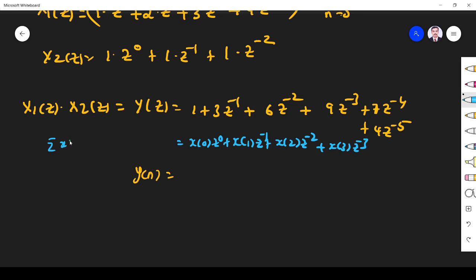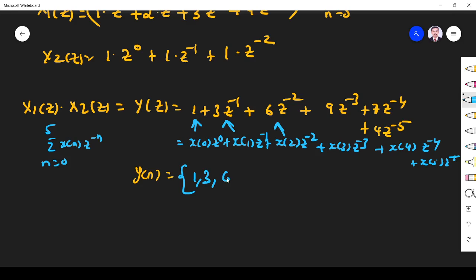That is x of n, z power minus n, where n goes from 0 to 5, so x of 4, z power minus 4, x of 5, z power minus 5. Since it is y of z, this is y of 0, which is 1. Y of 1 is 3. Y of 2 is 6. Y of 3 is 9. Y of 4 is 7. Y of 5 is 4.